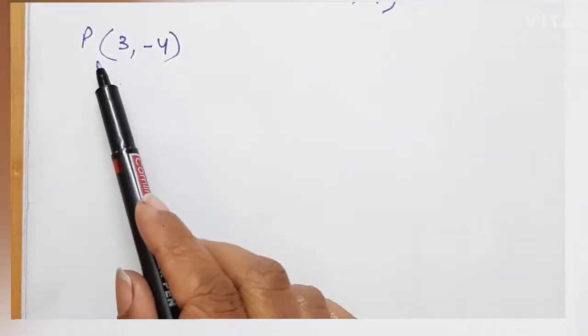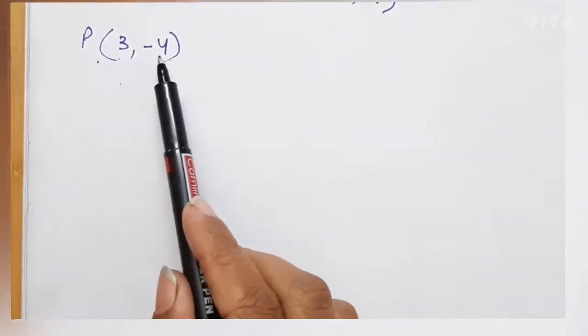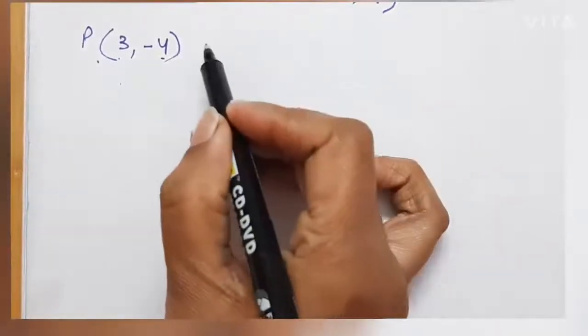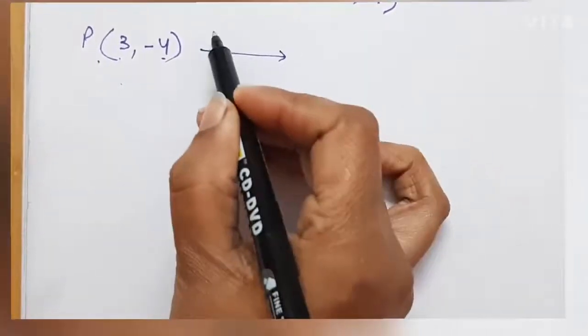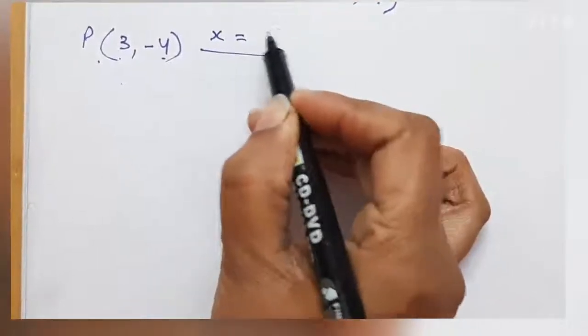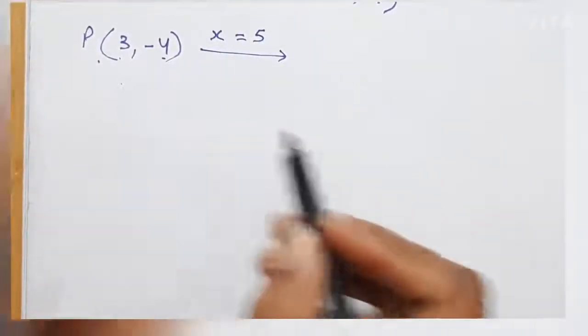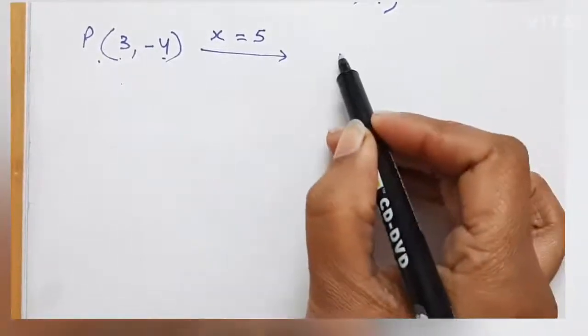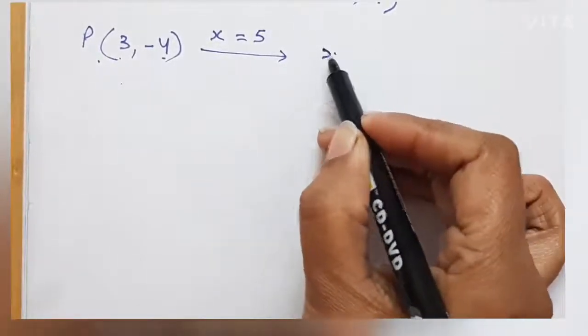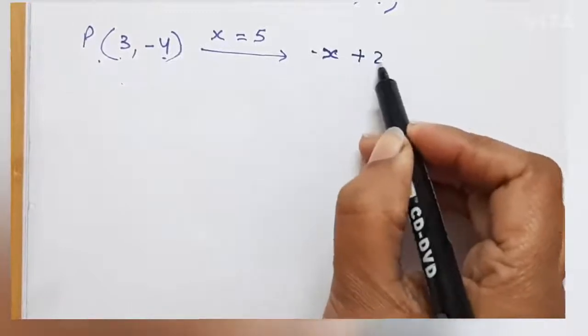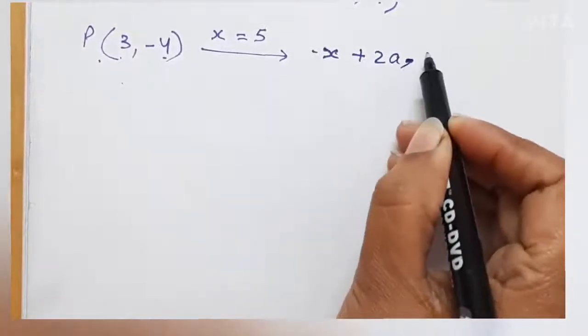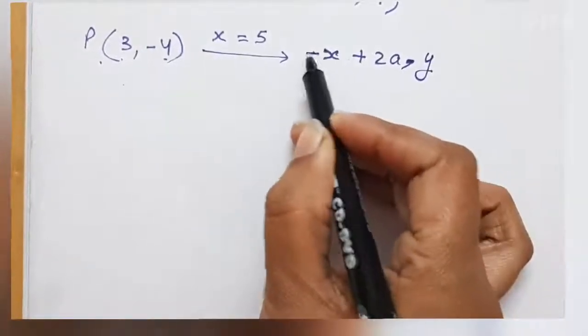Now, if we take the coordinate (3, minus 4) and reflect this under x equal to 5, let us see what will happen. Now as per the formula it is (minus x plus 2a, y). This is the formula. Clear?